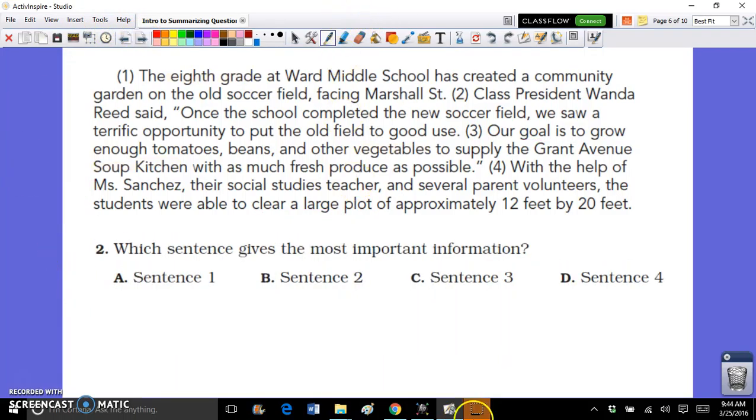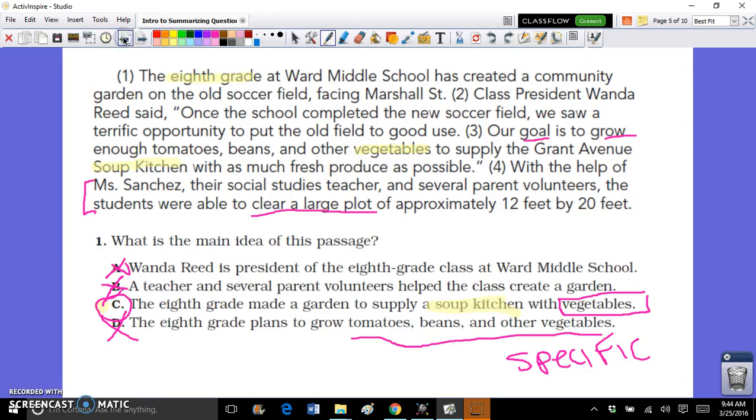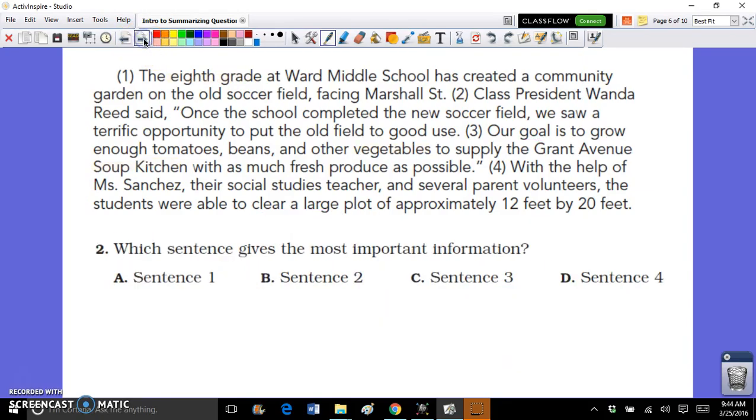Now, which sentence would I actually use in my summary in order to support that central idea? So remember, my central idea is that they're creating a garden, supplying a soup kitchen. Is it sentence 1, sentence 2, sentence 3, or sentence 4? Once again, I'm going to remind you that all of the sentences in a text should be important and they all help develop the central idea.